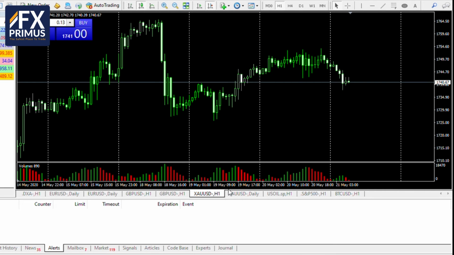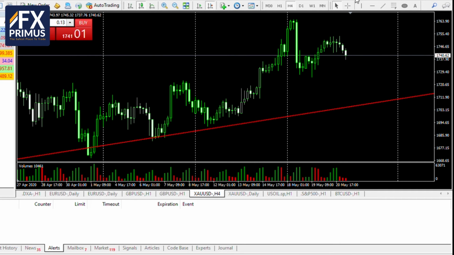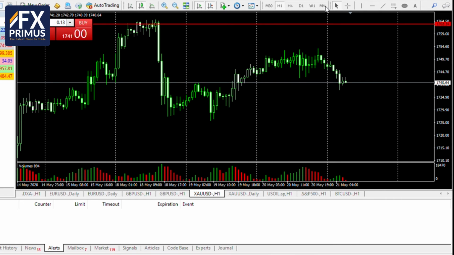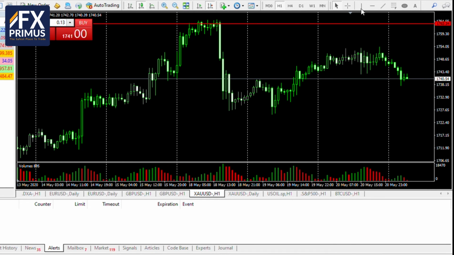And as for gold prices, it has still been going sideways ever since it touched a high of 1,765 US dollars on Monday. Then it started to push back down, and it found a very nice support over here.